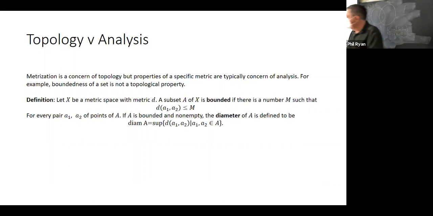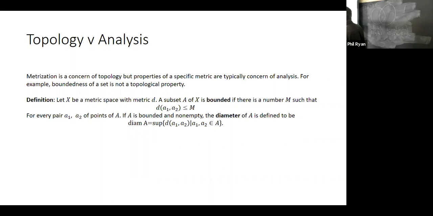Okay, so because we're doing metric spaces, we've got topology and we've got analysis. So metrization, right, is a topological question. But typically what happens is that the properties of a certain metric are analytic problems and they're not topological problems. So for example, a really important analytic property is boundedness, whether a set is bounded or not.